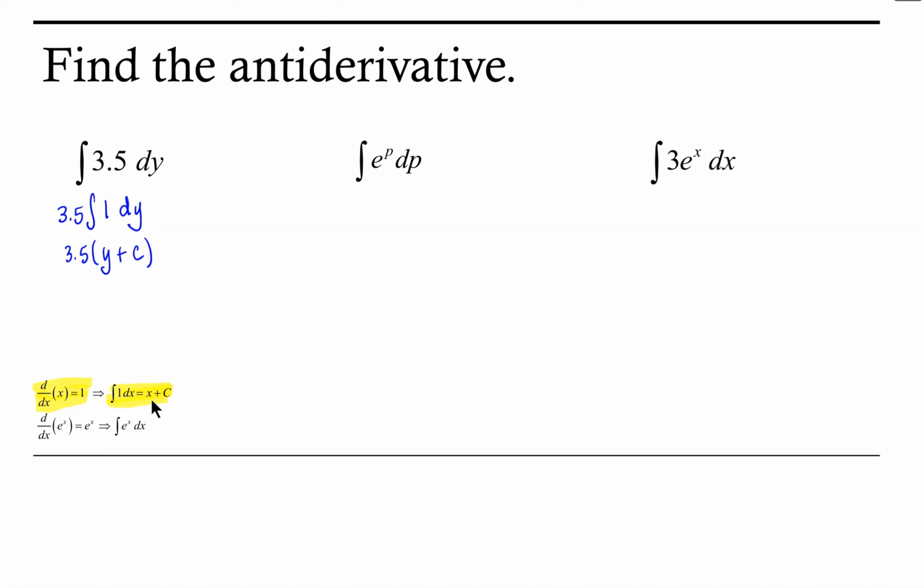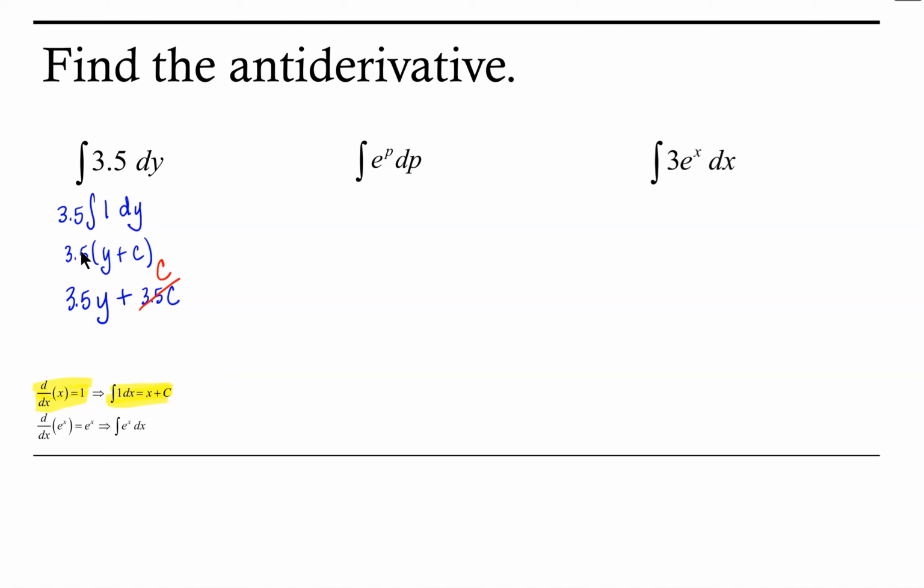Now, if I use the distributive property, I'll have 3.5 times y plus, and this could be any constant, and then we're multiplying by 3.5. If you take a constant and multiply it by a constant, you're really just ending up with another constant. So let me write this first as 3.5 times c, but that's really just some other constant that we'll relabel c, because we don't know any restrictions on what this value of c is.